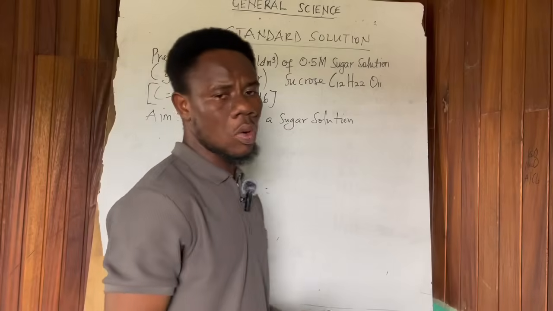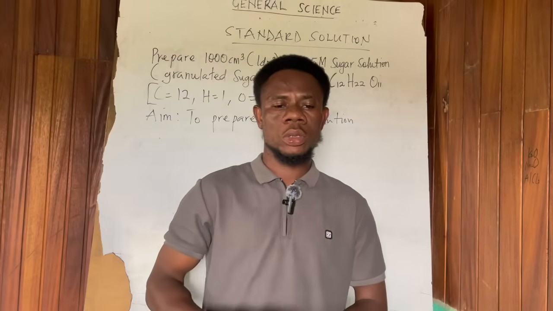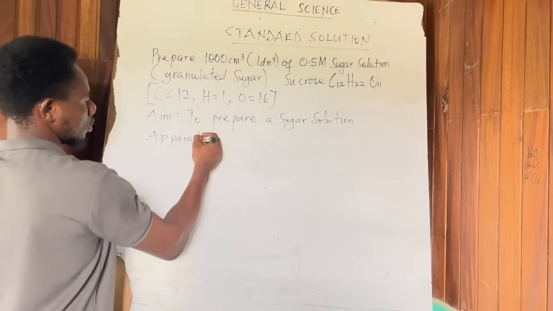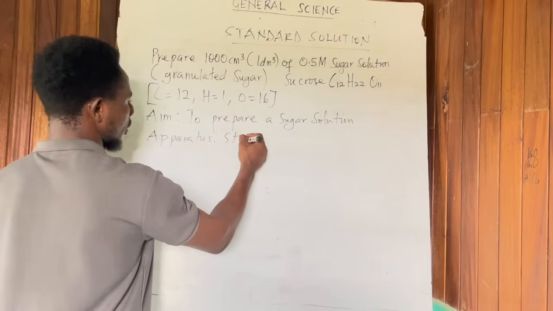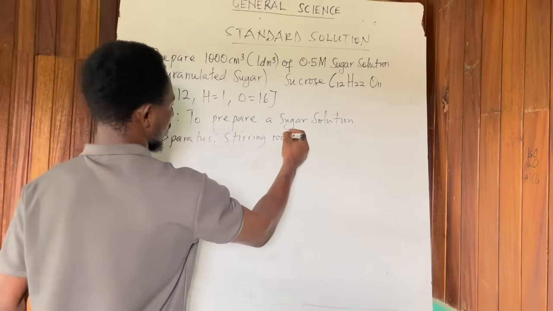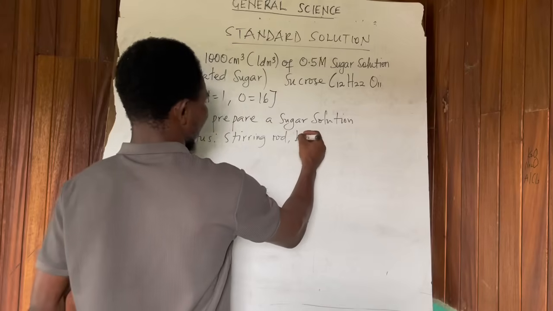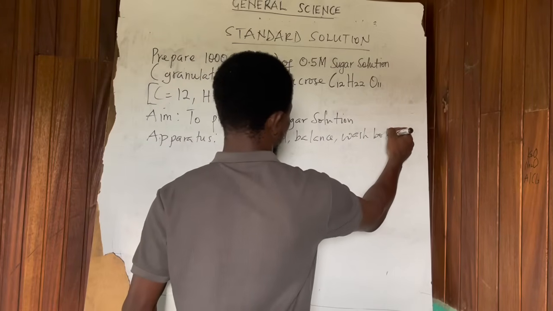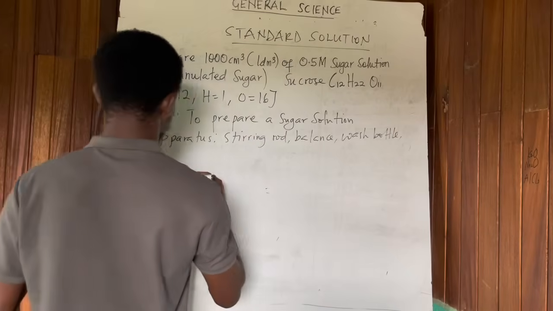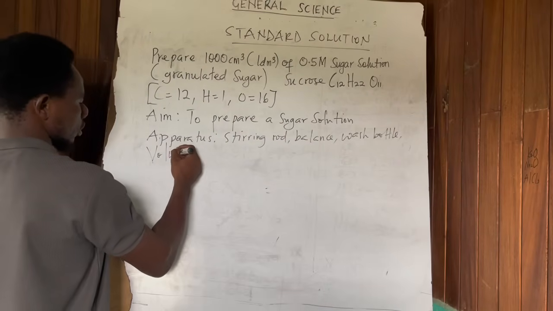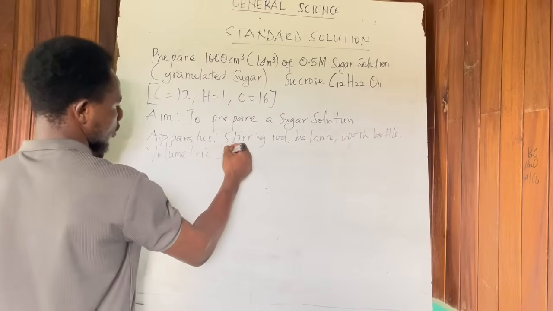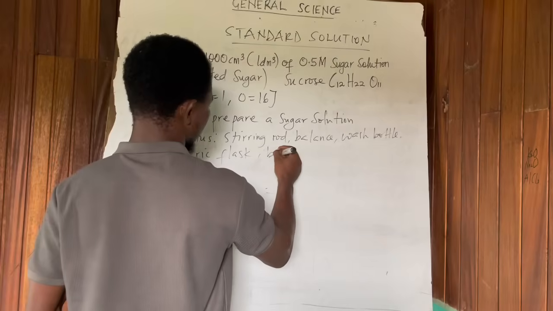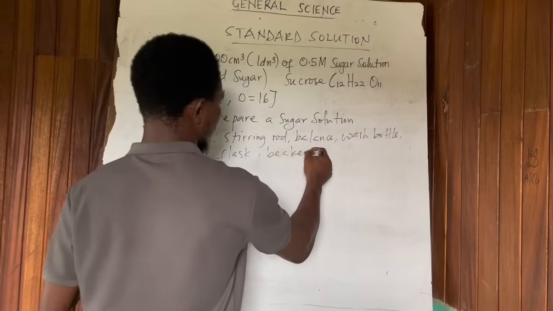Then you list your apparatus, the apparatus you are going to use. Apparatus: we have stirring rod, balance, wash bottle, volumetric flask, beaker, spatula.